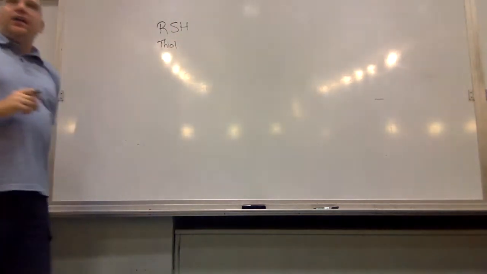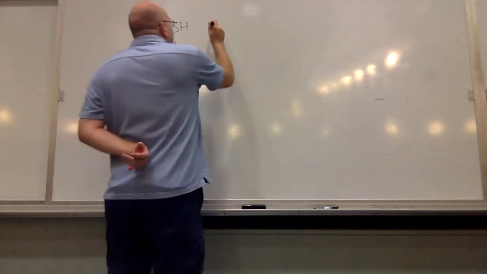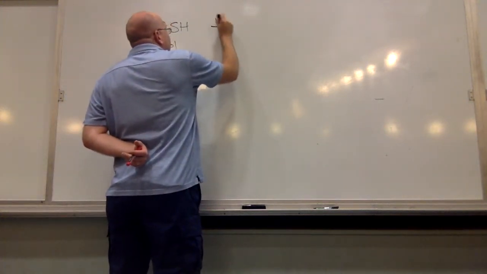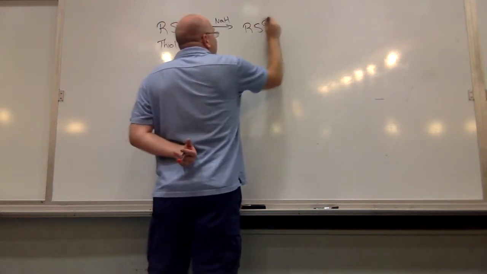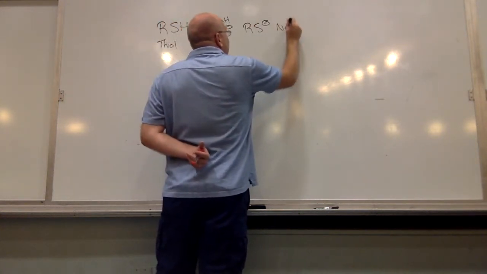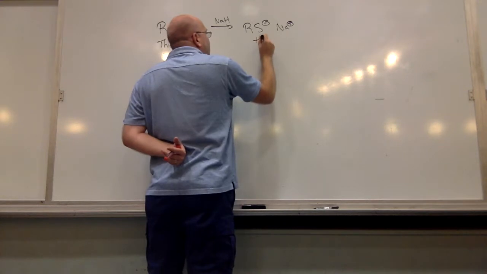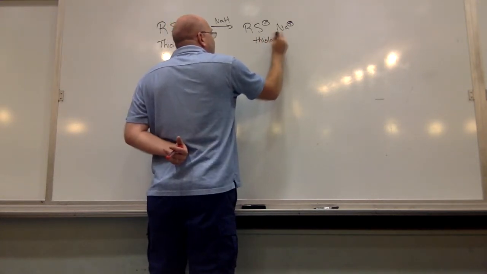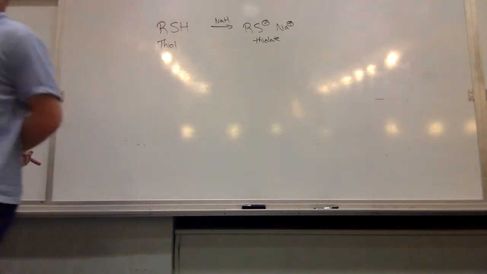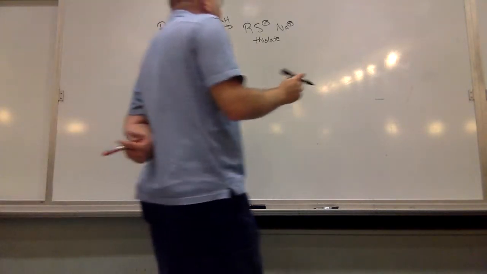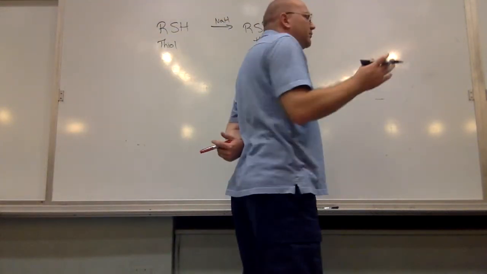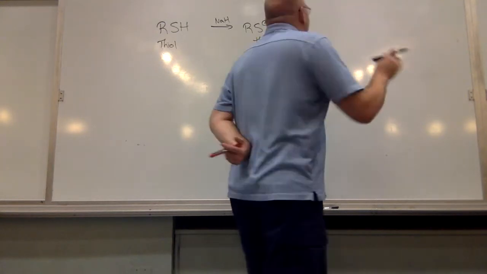So as you might imagine, if you were to take a thiol, that's what we call a thiol, and we were to treat that with sodium hydride, we would get what we call a thiolate. And then this can serve as a nucleophile.